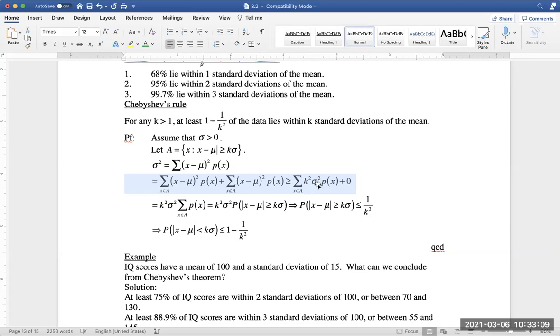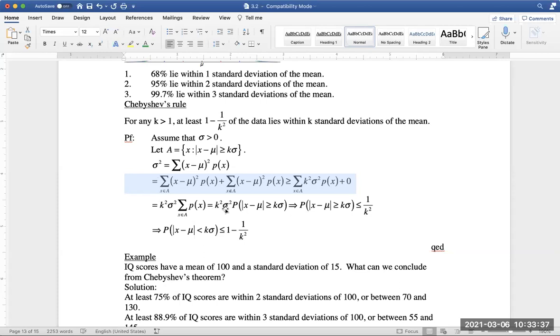I can bring the k squared and the sigma squared out. So this is equal to k squared sigma squared times the sum over x in A of P of x. But this is just the probability that |x minus mu| is greater than or equal to k sigma.